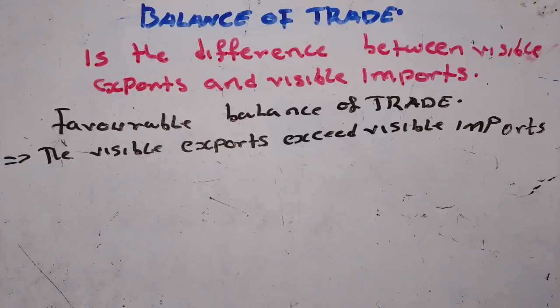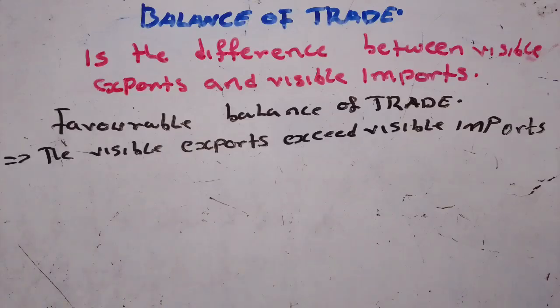You should also know that if visible imports exceed visible exports, a country is said to have an unfavorable balance of trade or trade deficit. I'm just going to write it in this way so that you remember.